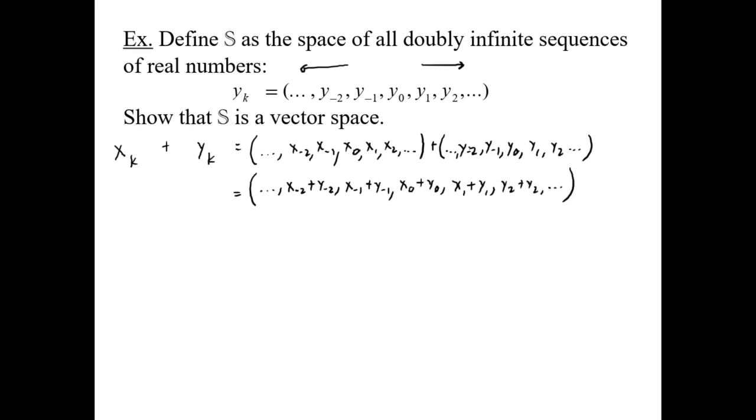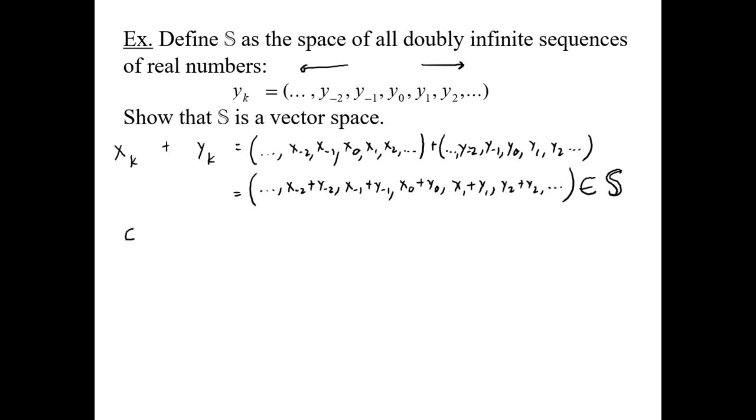Again, the question we're asking is, when I add these together, do I still get an element of that same set? And the answer is yes. This is an element of that vector space. That's a terrible boldface S, but it'll do. So when I add those together, I still get an element in S. So this works.